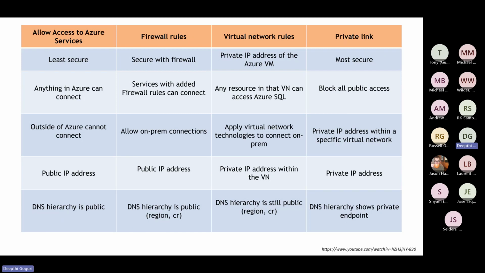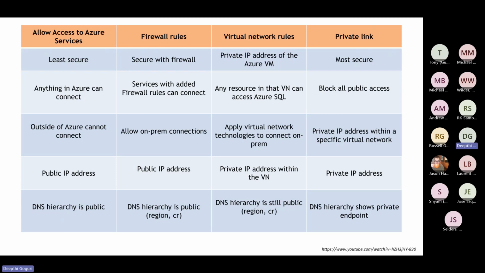But the next layer is firewall rules. These are the firewall rules that you generally create on your on-prem servers to connect to different services. It's a similar way: for any service that wants to connect to the Azure SQL database, you will create a firewall rule.